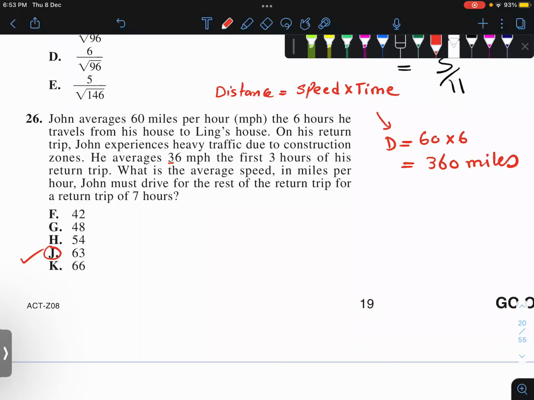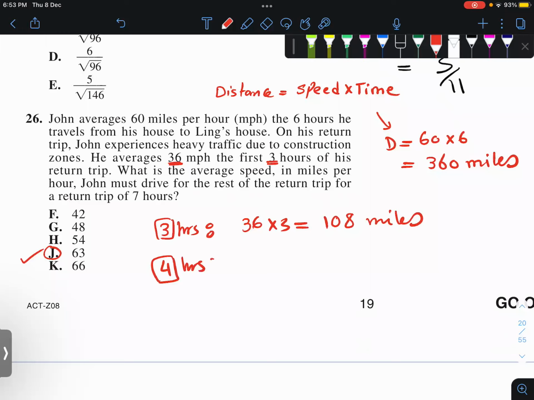He averages 36 for the first 3 hours. So 36 times 3 gives us the distance covered, which is 108 miles. This is the distance covered during the first 3 hours.